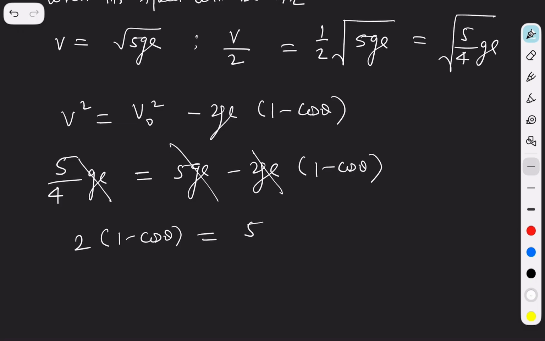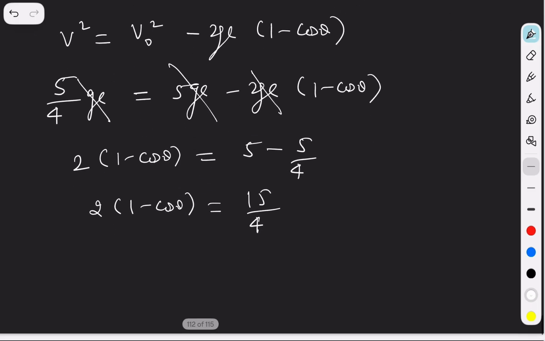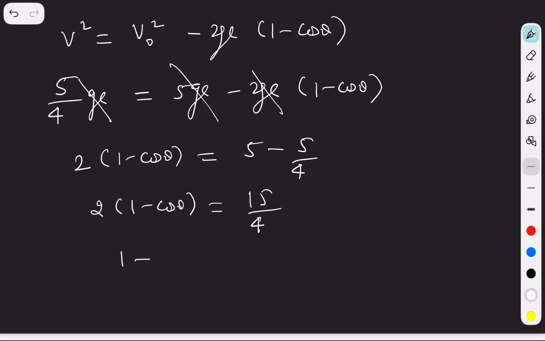So it will become 2(1 minus cos theta) is equal to 20 minus 5, that is 15 by 4. So 1 minus cos theta is equal to 15 by 8. So 1 minus 15 by 8 is equal to cos theta. So it will become minus 7 by 8.